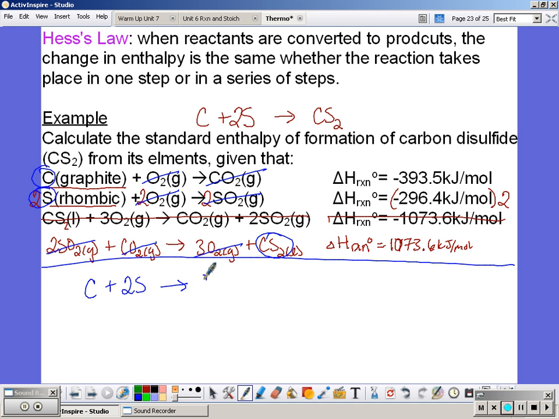So now I'm just going to add my heats of reactions together, making sure to multiply by 2, and then using the reverse sign, a positive 1073.6. So my heat of reaction for the formation of carbon disulfide would be 87.3 kilojoules per mole.